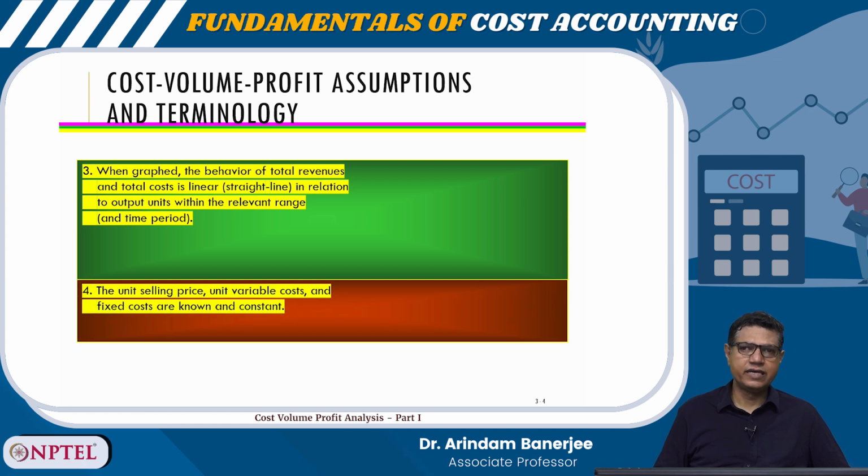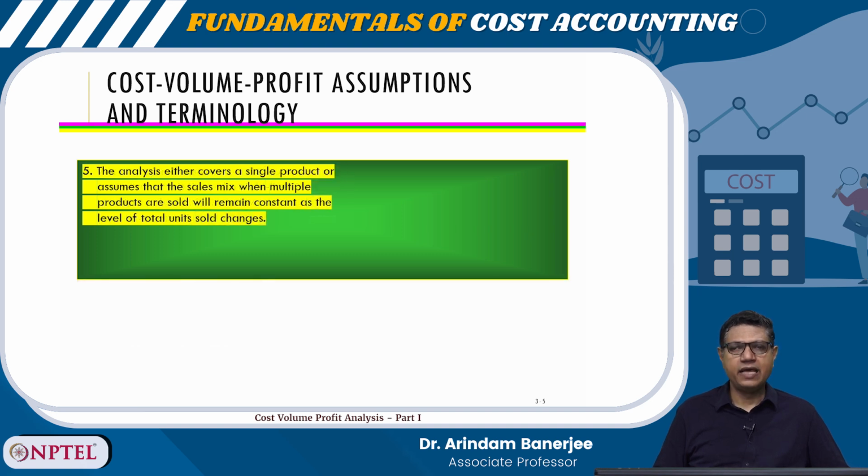Fourth, the unit selling price, unit variable cost and fixed costs are known and constant. So, in our decision making process, we assume that this is not going to change very soon.